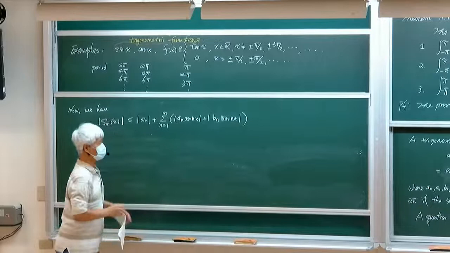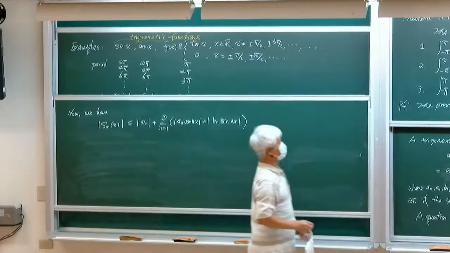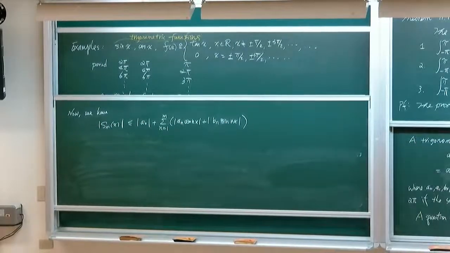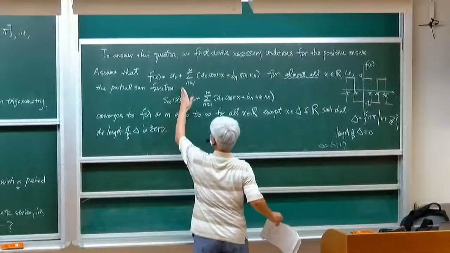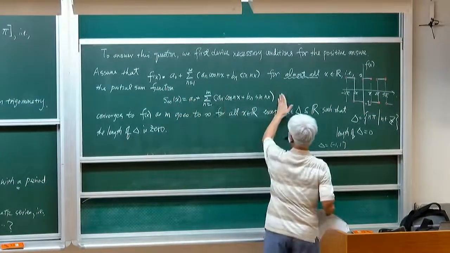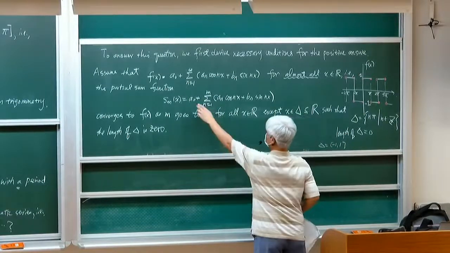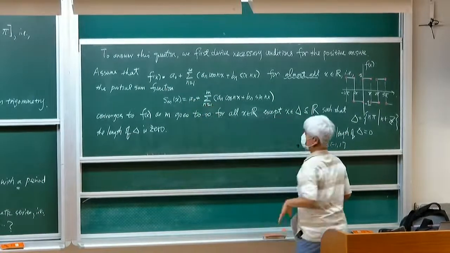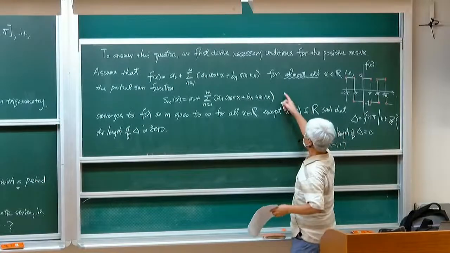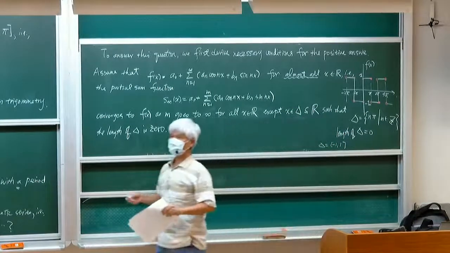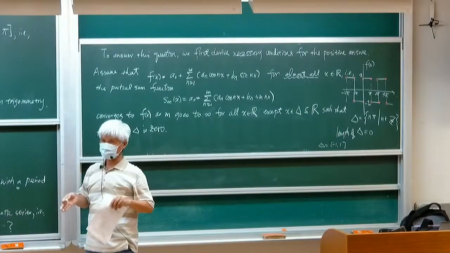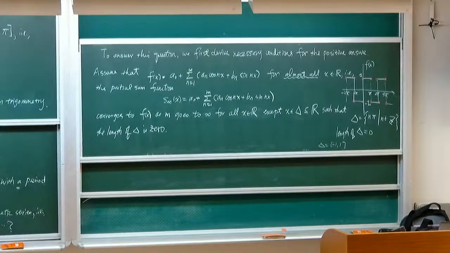So the partial sum function here. So when we take the absolute value here, the absolute value of this finite sum would be less than or equal to the sum of the absolute value of each term. So that is the situation here.